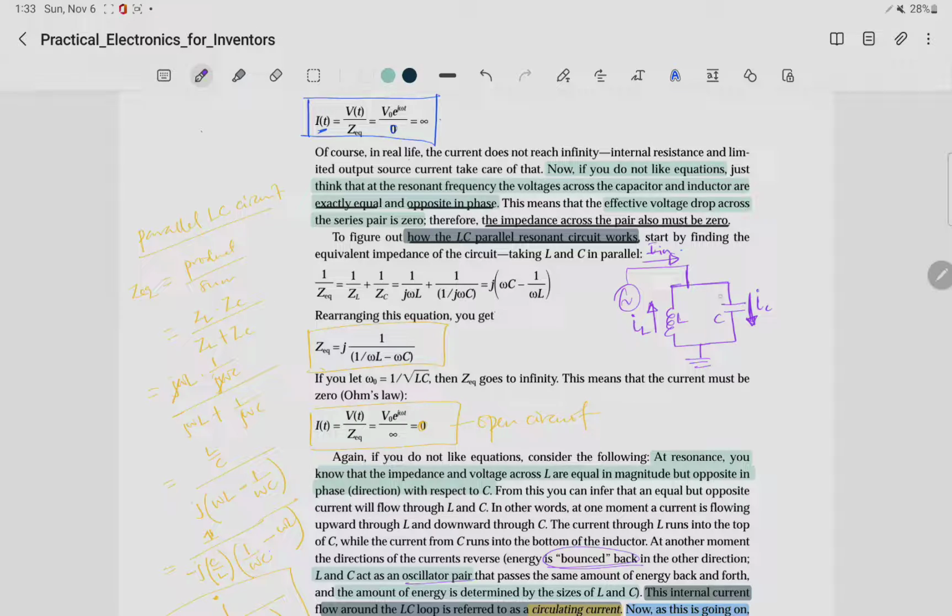This happens as a result of the capacitor charging up while the inductor is discharging, and the inductor charging up as the capacitor is discharging. Here you need to understand the basic concepts of a capacitor resisting an instantaneous change in voltage, and an inductor resisting an instantaneous change in current.